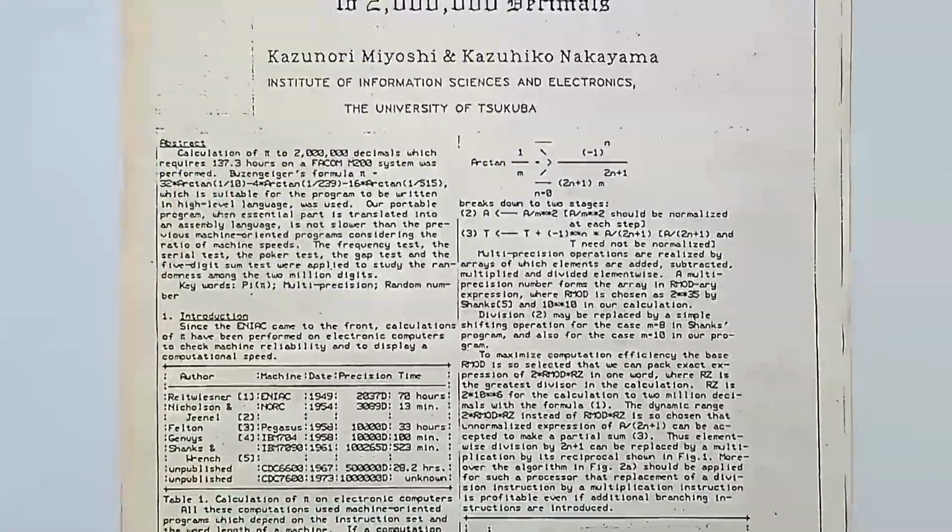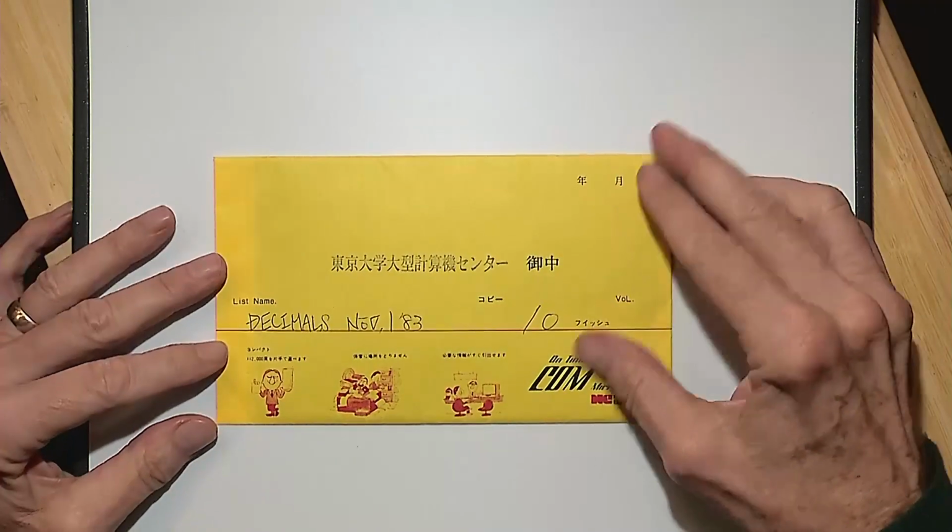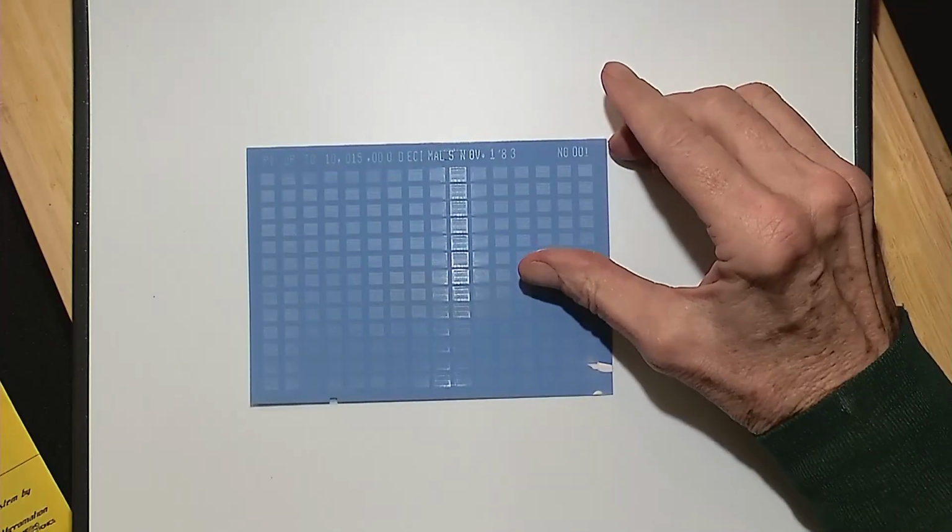So a couple years went by, and it was 1983, and I got this, which is 10 million decimals of pi. So this is all on microfiche.